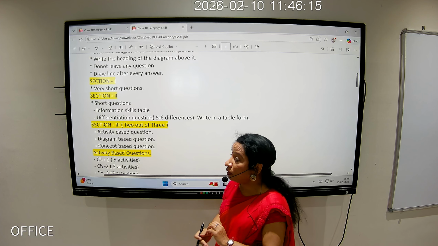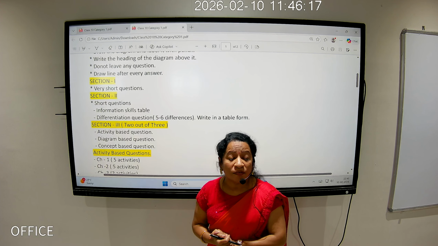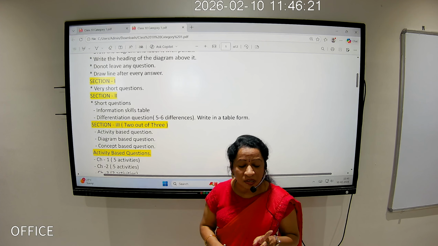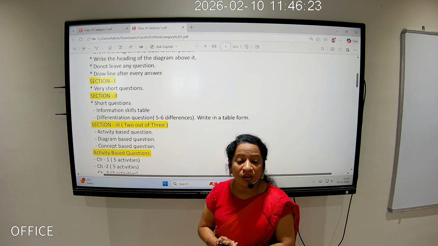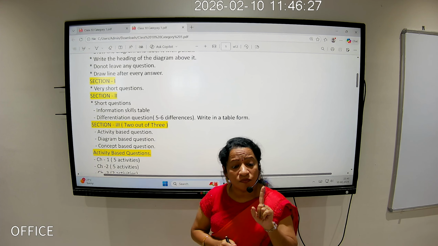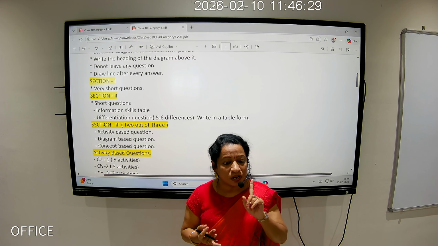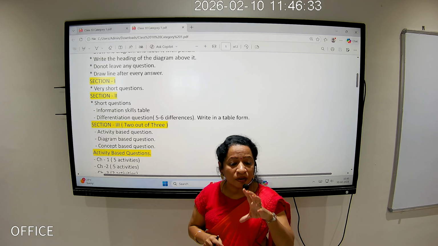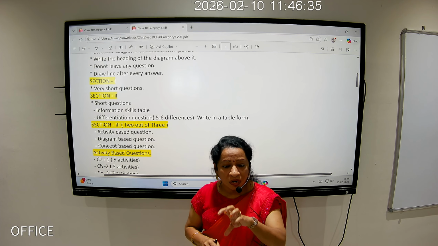Now coming to the third section, where you have the choice. The first 2 sections you do not have the choice. Only in the third section we have the choice. One question will be activity based. You have some activities in few lessons.